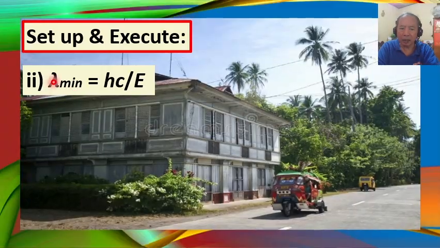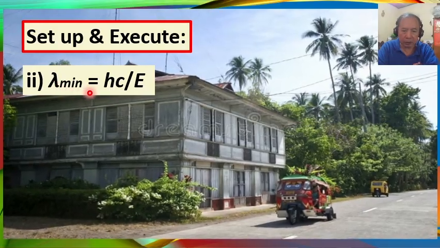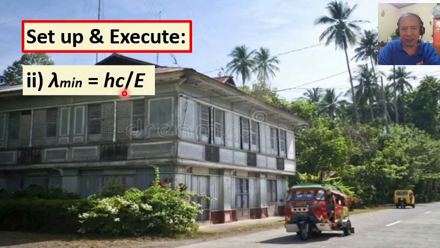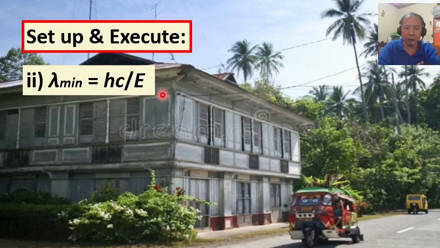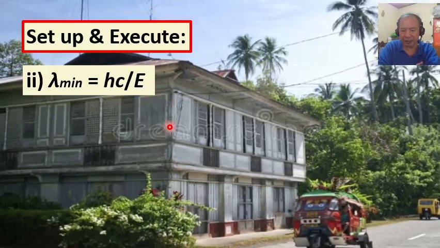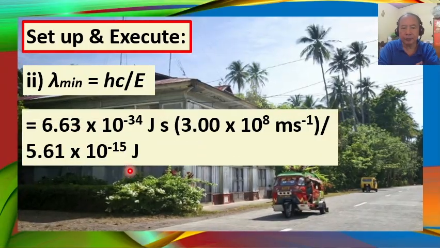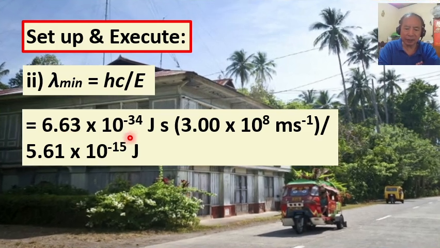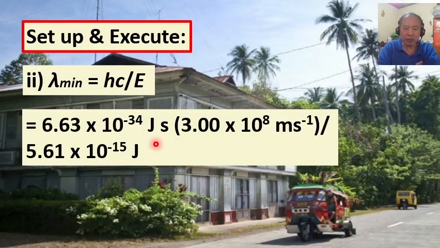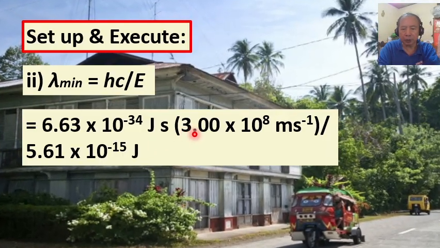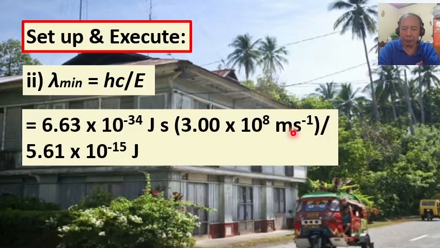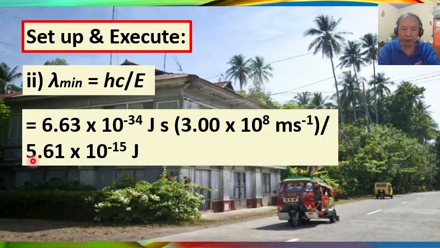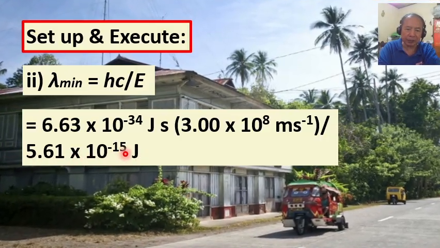That is lambda sub min, which is equal to the product of the Planck's constant h and the speed of light in vacuum divided by the computed amount of photon energy, capital E. That is, lambda sub min is equal to 6.63 times 10 raised to the negative 34th power joules second times 3.00 times 10 raised to the 8th power meters per second, and then divided by the computed photon energy, 5.61 times 10 raised to the negative 15th joule.